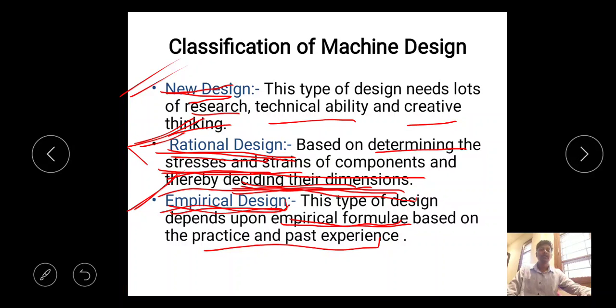Then last is empirical design, where you use an empirical formula, past experience and practice. These are the different classifications of machine design. So we have discussed what is machine design, then classification of machine design.